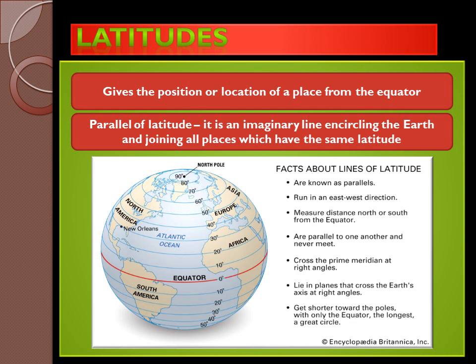Here you can see in the picture, you can see the red color equator which is dividing the earth into two equal parts. Upper one is northern hemisphere and downwards you can see the southern hemisphere.